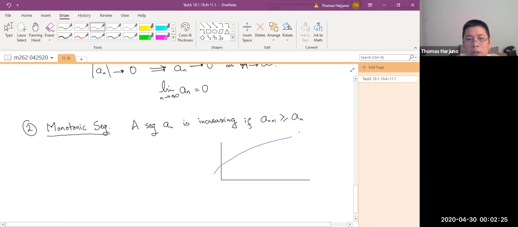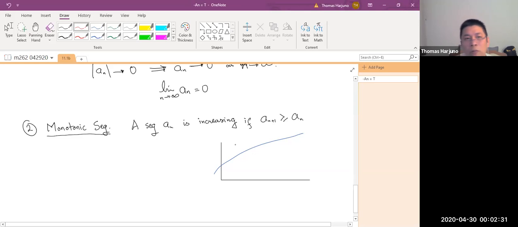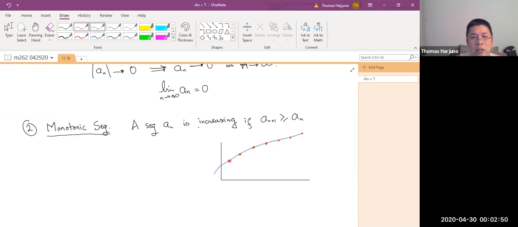When we have an increasing function, the slope is positive, right? The further you go to the right, the higher the value. Increasing sequences have the same idea: the further you go to the right, the value will be at least equal, maybe even more. That's for an increasing sequence.